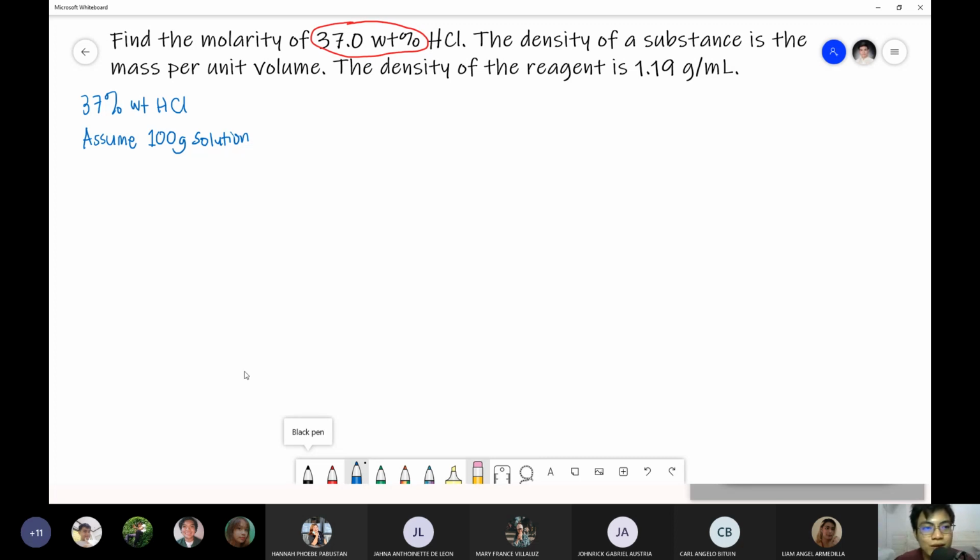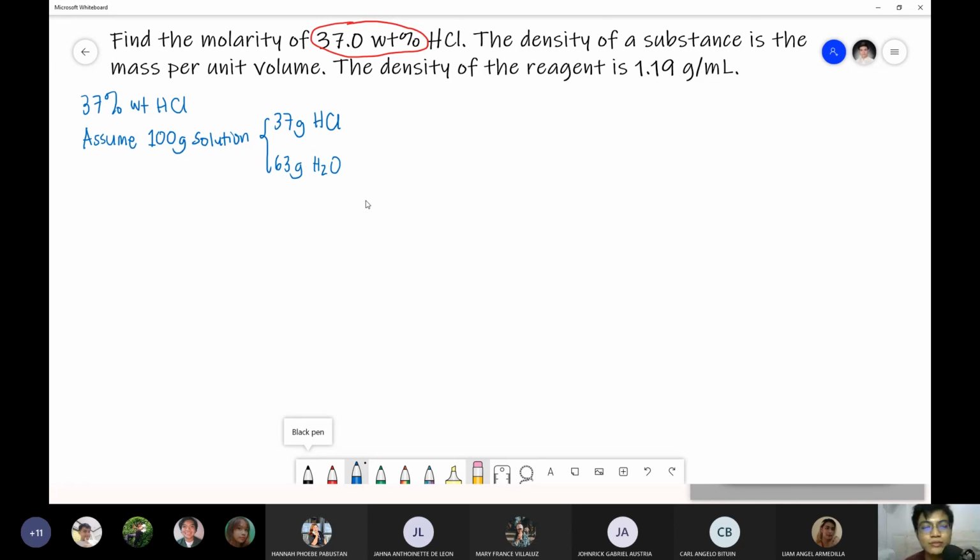Okay? So, what's the 37% of 100? Edi 37, di ba? So, yun yung reason why I want you to assume 100 gram solution. Okay? By assuming 100 gram solution, ibig sabihin you have 37 grams HCl and the other 63 grams is water. Pag hindi sinabi yung solvent, water lang yan.